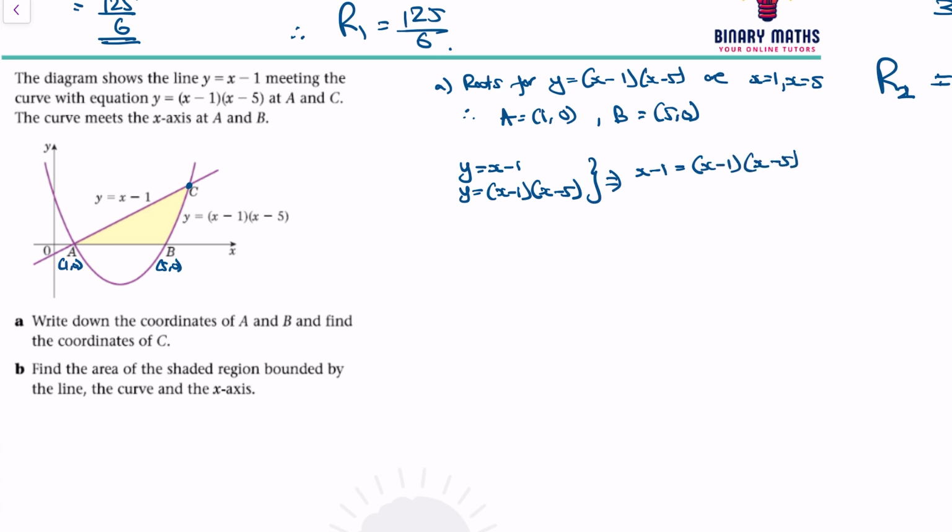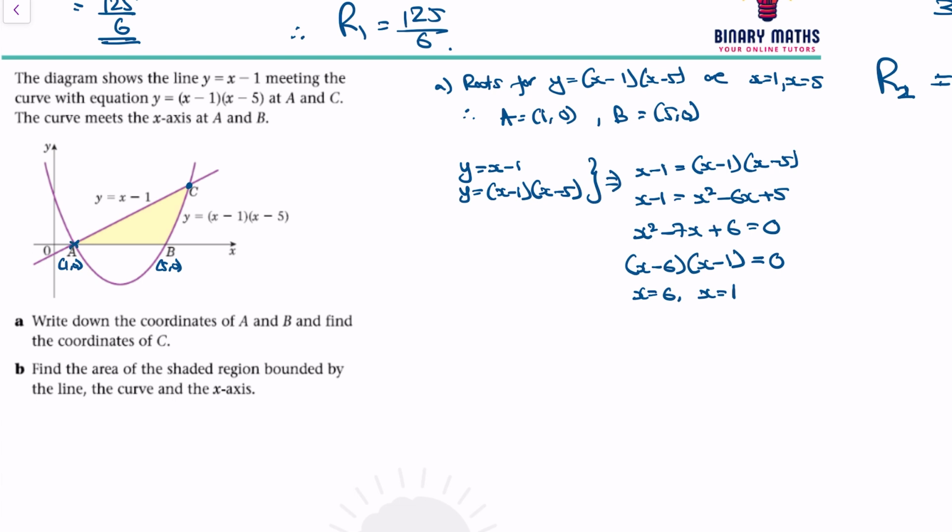If we expand the bracket on the right-hand side, we get x squared minus 6x plus 5. If we take everything to the right-hand side, I get x squared minus 7x, positive 5 take away 1 gives me plus 6, equals 0. If I factorize it, I get x minus 6 times x minus 1 is equal to 0, which means x is equal to 6 or x is equal to 1.